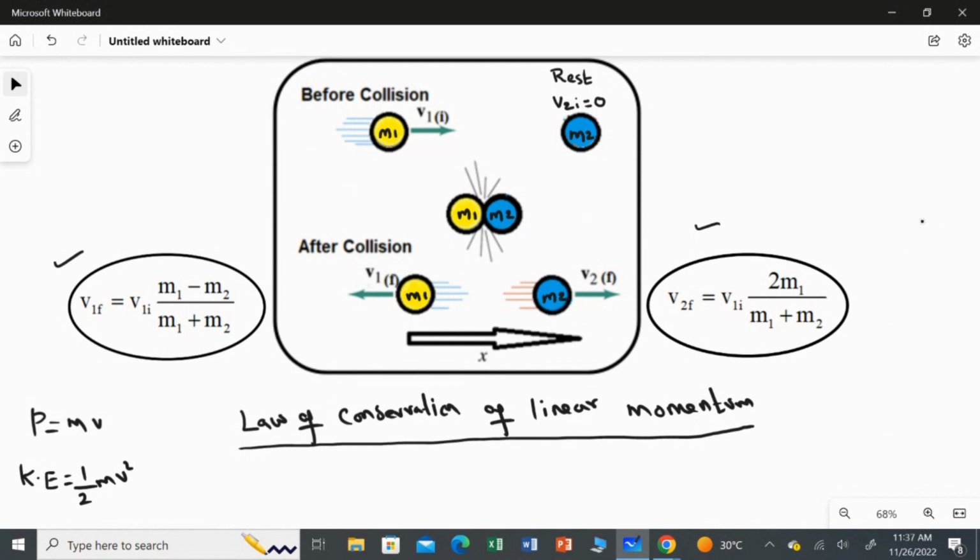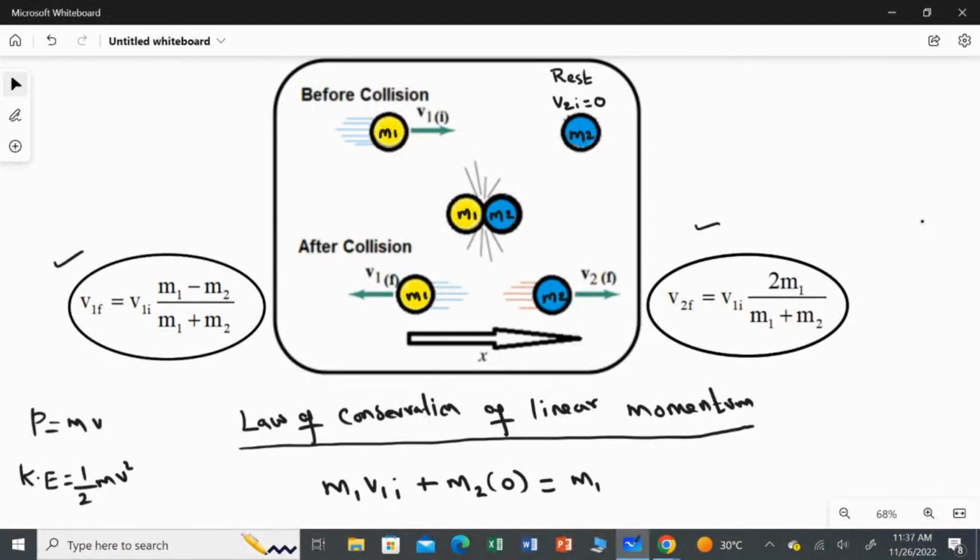Before collision, what will happen? M1 V1 initial plus M2, our V2 initial is 0, so I have to put 0, which is equal to after collision. What happened after the collision?